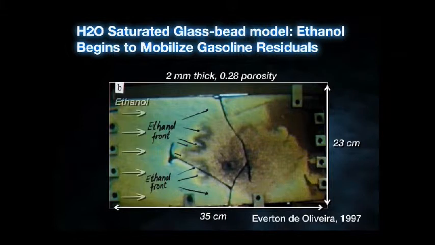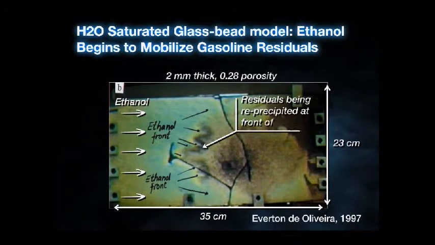Take a look. As we injected ethanol, it develops some fingers here. Look. Residuals are being reprecipitated at the front of the ethanol flushing.